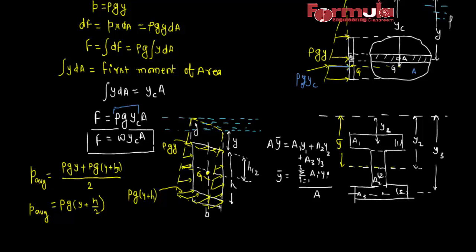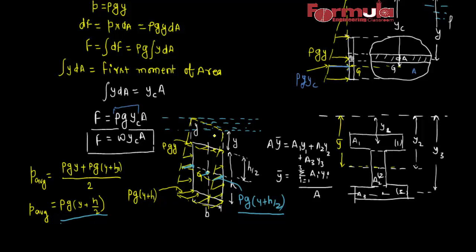So this pressure intensity will be rho g y plus h by 2. And obviously you can notice here, this pressure intensity at the center of gravity of the body and the average pressure intensity, that is rho g y plus h by 2, is the same.